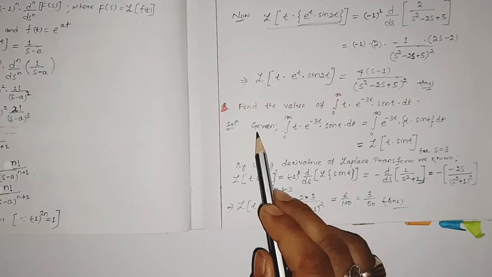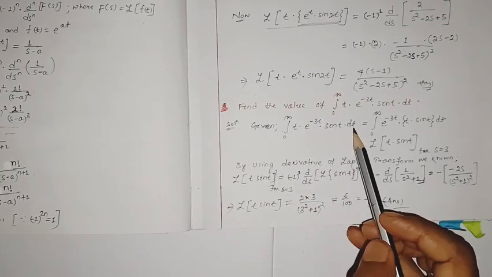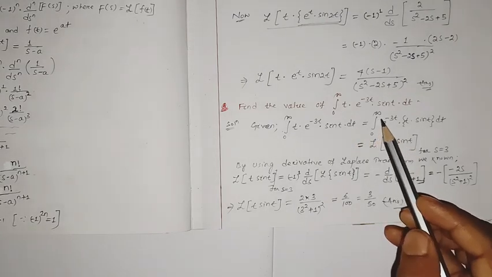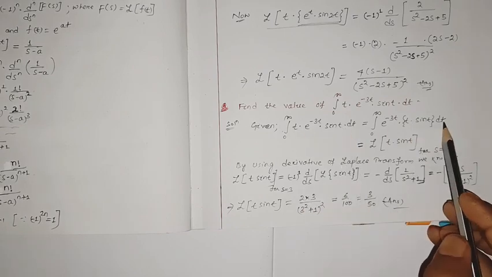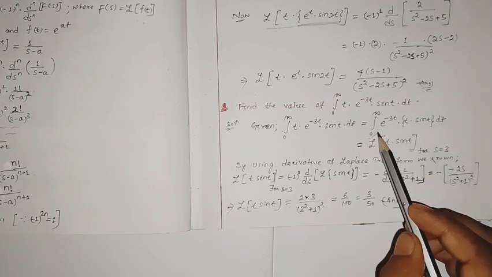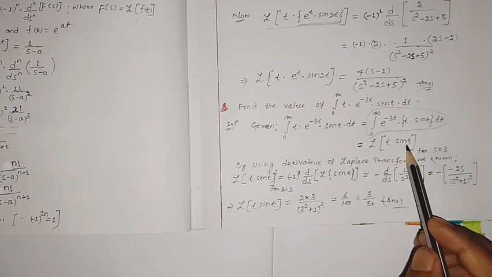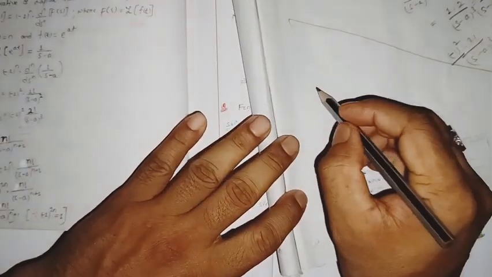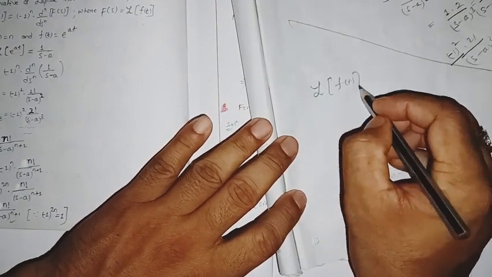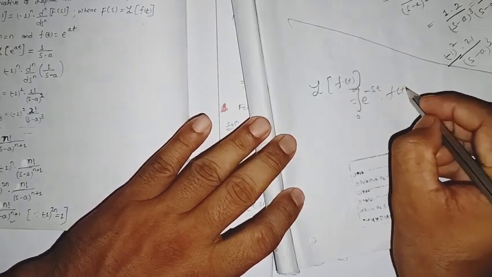Here the solution starts. It is given that 0 to infinity t into e to the power minus 3t into sin t dt. If I consider this much, this is nothing but Laplace transform of t sin t for s equal to 3. In general we know that Laplace transform of f of t is nothing but integral 0 to infinity e to the minus st into f of t dt.